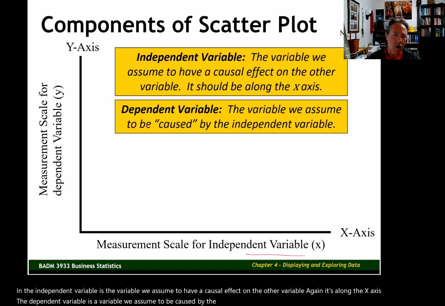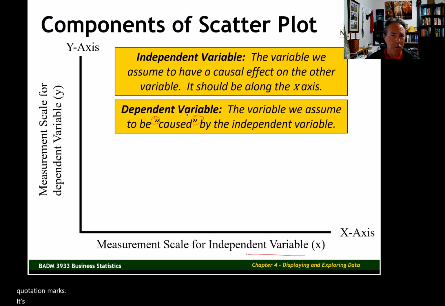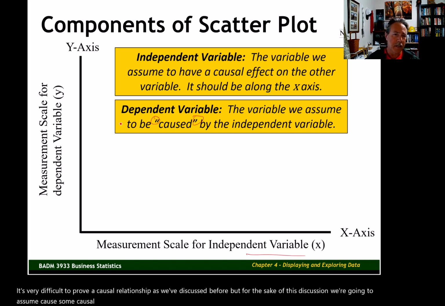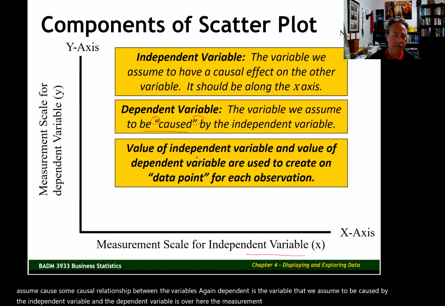And notice I have cause in quotation marks. It's very difficult to prove a causal relationship, as we've discussed before. But for the sake of this discussion, we're going to assume some causal relationship between the variables. Again, dependent is the variable that we assume to be caused by the independent variable, and its measurement scale is along the y-axis.